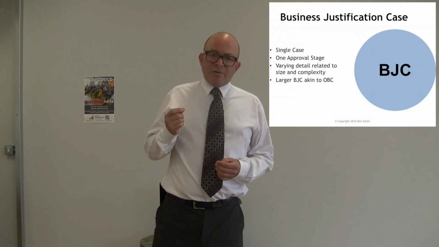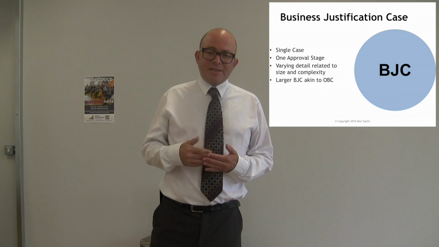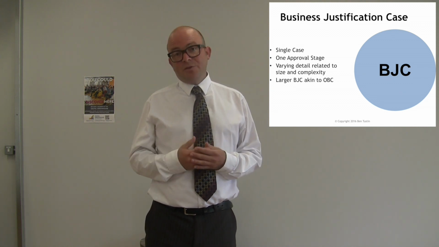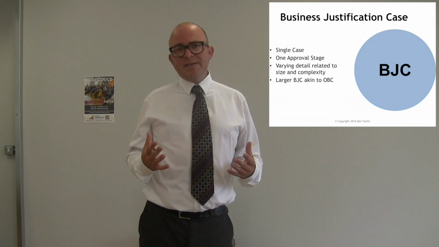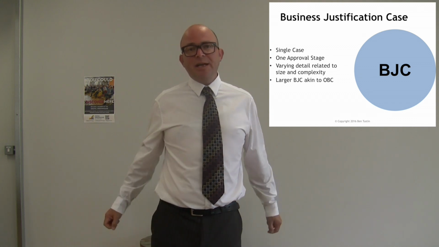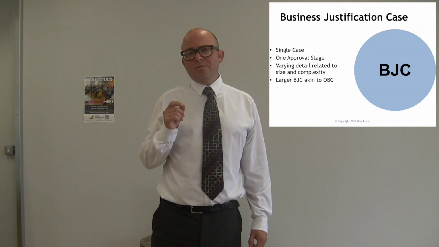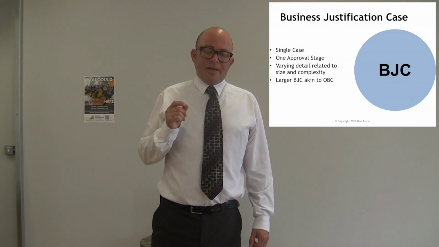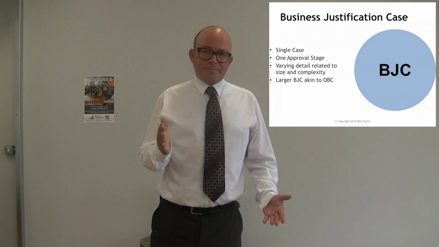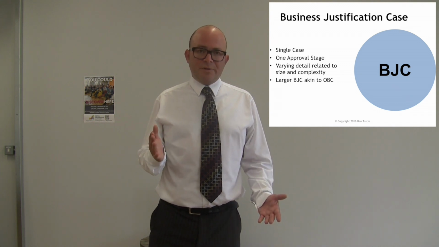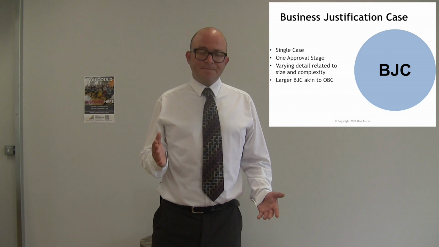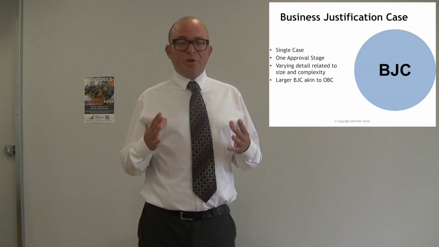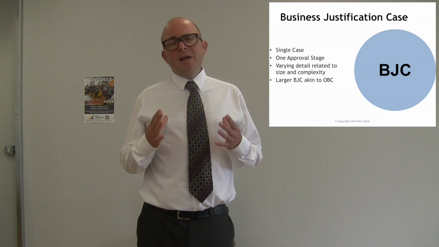The one scenario where the three stages do not apply is with regard to smaller projects, normally, and for these we often use a business justification case. Now this is a single stage. It has varying detail relating to the complexity of the project that we're looking at, but it is one document, one stage.